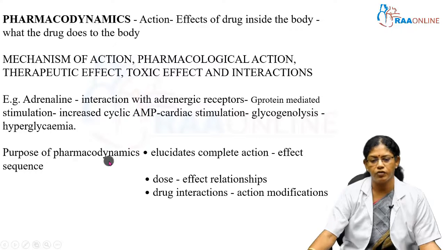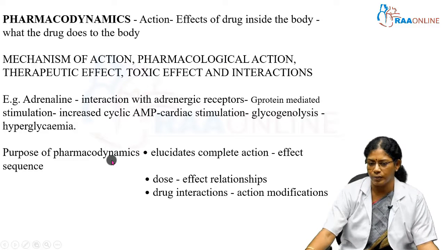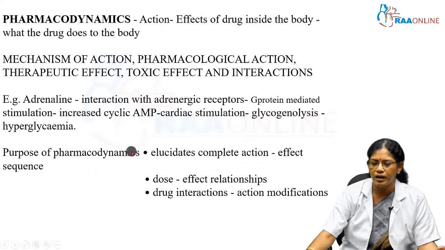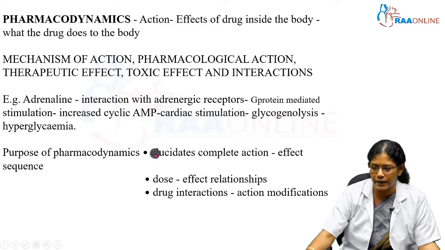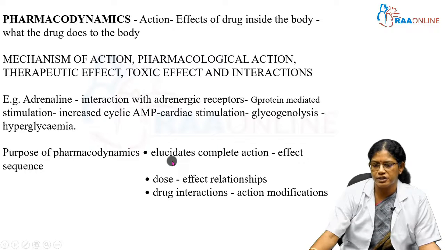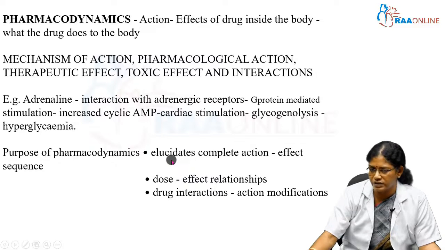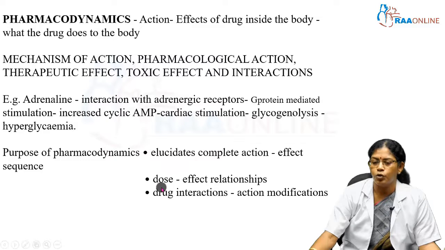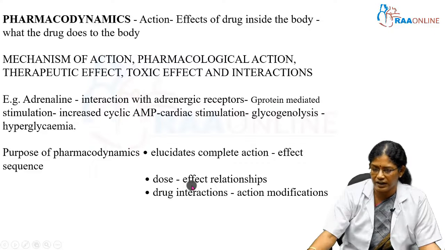So what is the purpose of pharmacodynamics? Why should we study pharmacodynamics? After understanding pharmacodynamics only, the action and the effect of the drug will be known to us. It elucidates the complete action effect sequence of the drug and the dose effect relationship. So in which dose, what effect is produced?